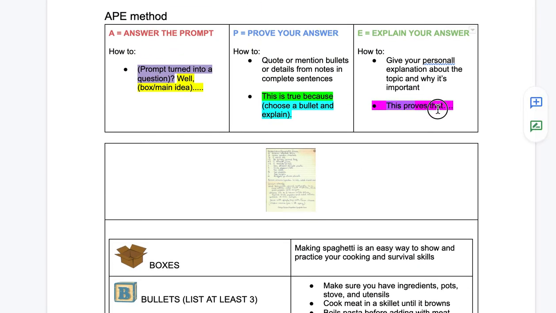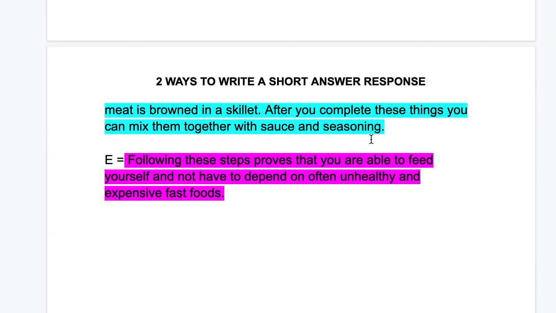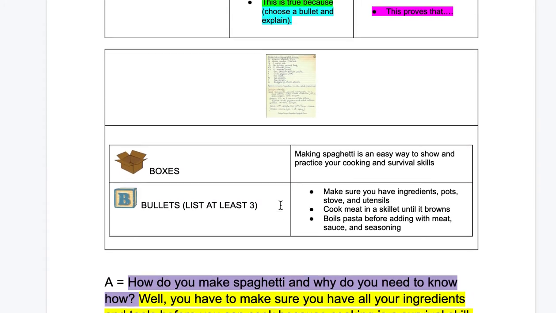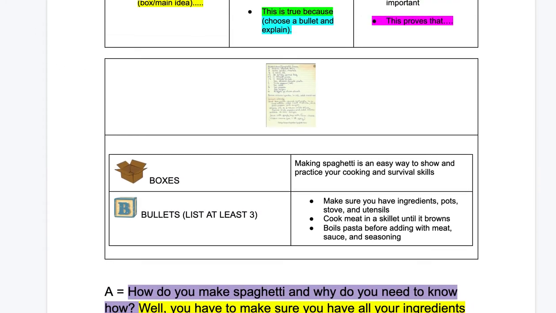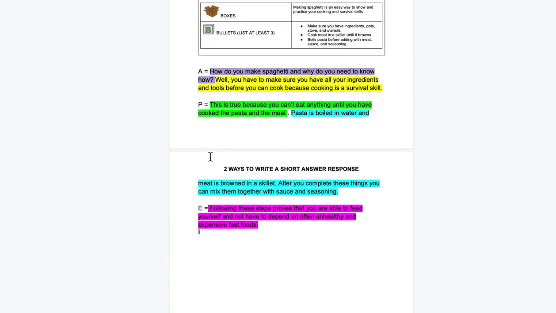I didn't use it in the exact same format, but I'm following the same kind of path. So following these steps proves that you are able to feed yourself and not have to depend on unhealthy and expensive fast foods, okay? So we have the box and the APE method for responding to short answer responses.